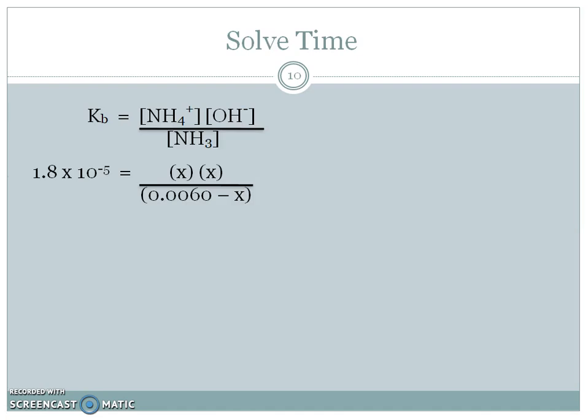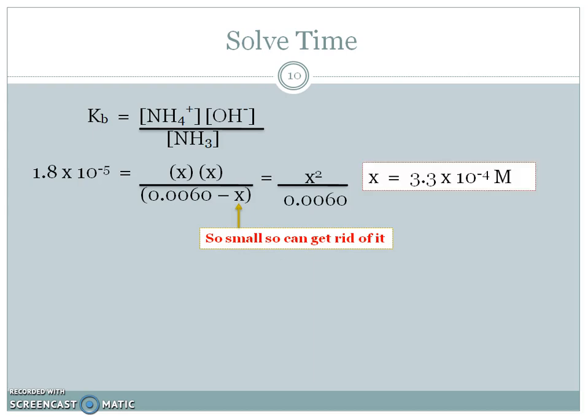So we have the 1.8 times 10 to the negative fifth, which is our constant, equals X squared, each of those in equilibrium, divided by the 0.006 initial value of the ammonia minus X. But now remember, that X is going to be so small, we're just going to get rid of it. So X squared over 0.006, again, rearrange, X equals 3.3 times 10 to the negative fourth molarity.